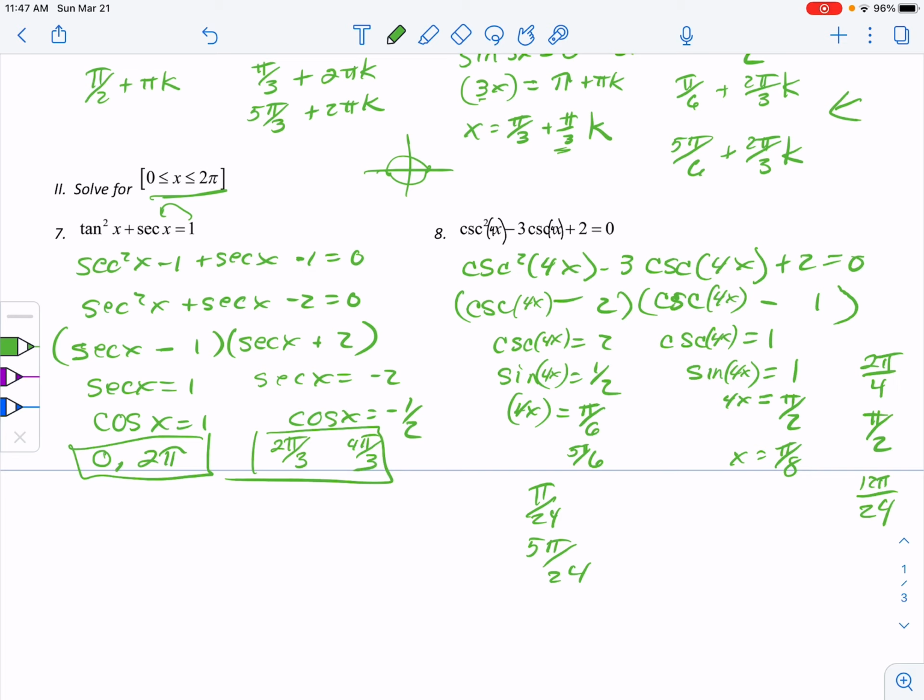So if you add 12 pi over 24 to this, you get 13 pi over 24 and 17 pi over 24. Here you get 20 pi over 24. Okay, lots of them. Is that right? No. Boy, I must still be on spring break. Sorry. 12 and 1 is 13 pi over 24.